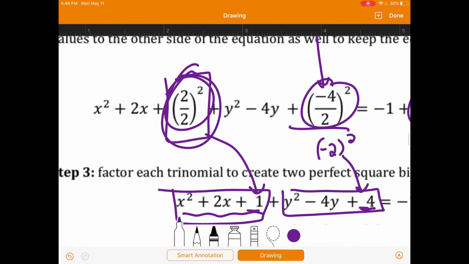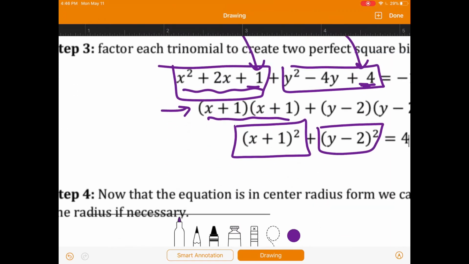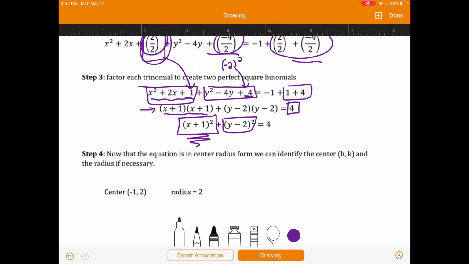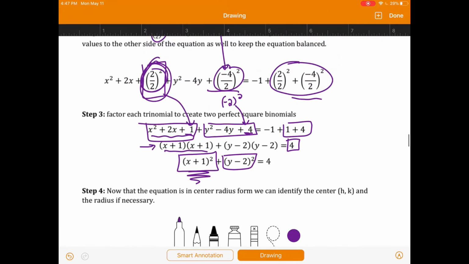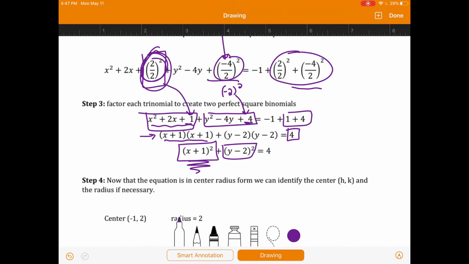Because we're doing this trick of having (b/2)², that's always going to end up giving you something that looks like this. I'm going to show you a little bit of a shortcut for this in the next problem, because I have a way of writing it that's a little bit quicker for me. But if you're used to this way, then go ahead and do it this way. This is the way you see it most of the time.